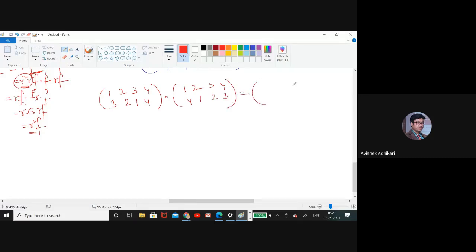Tell me what this value would be quickly. Somebody says 4312. Somebody says 4321. Any other answer? 4321. Okay, let's see.